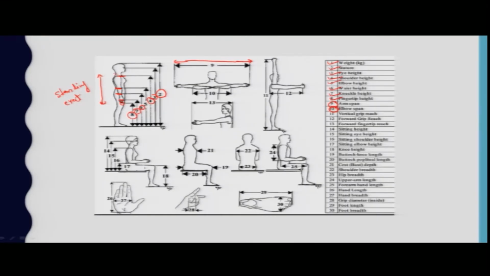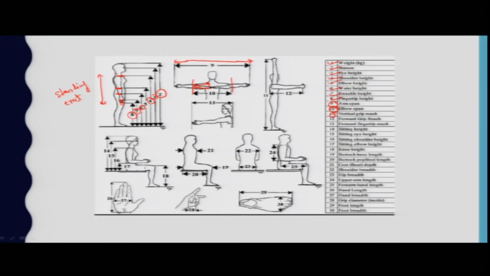Tenth is elbow span. It means stretching only this portion, while confining this portion in a squeezed way. This particular length is known as elbow span. Eleven is the vertical grip reach.